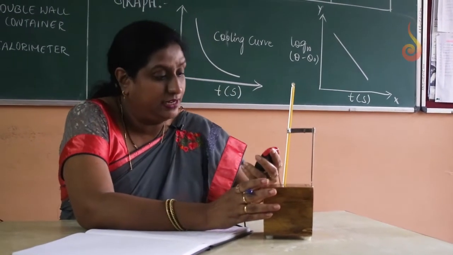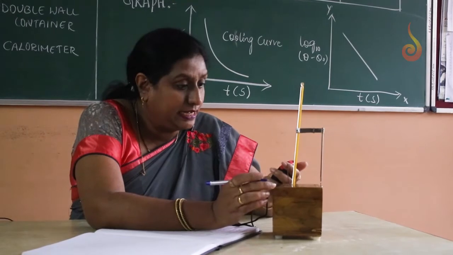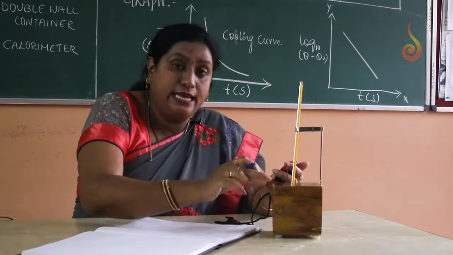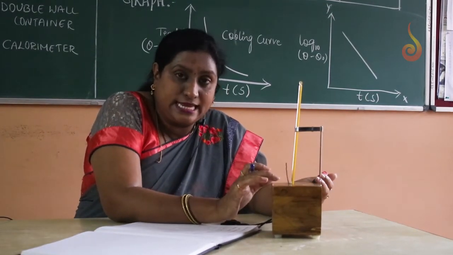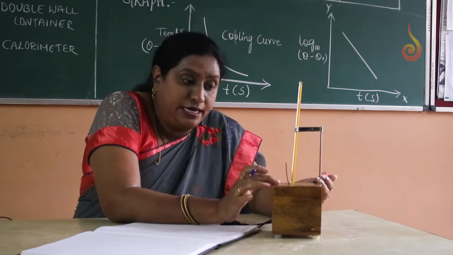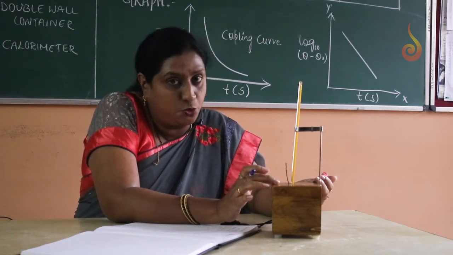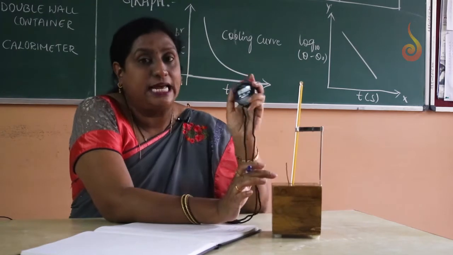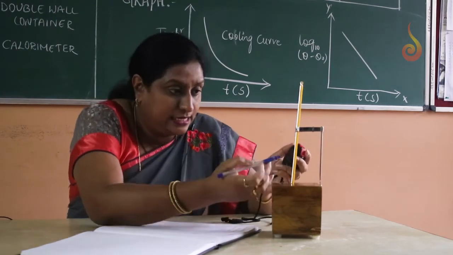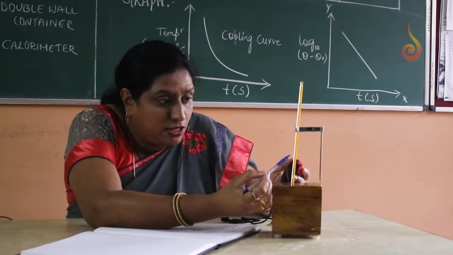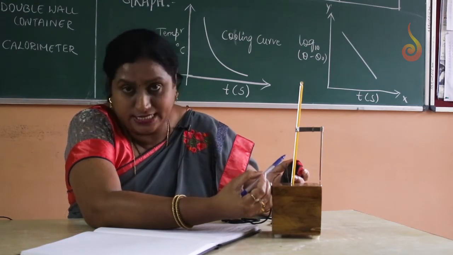I will record the time taken by the water poured in this calorimeter to reduce its temperature by 2 degrees. That is, this timer will be running until the temperature falls to 58 degrees Celsius.